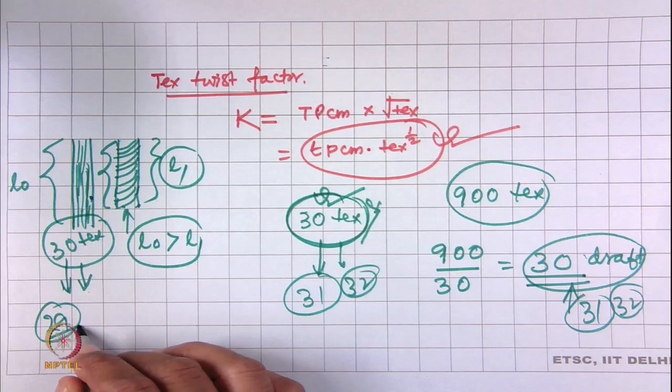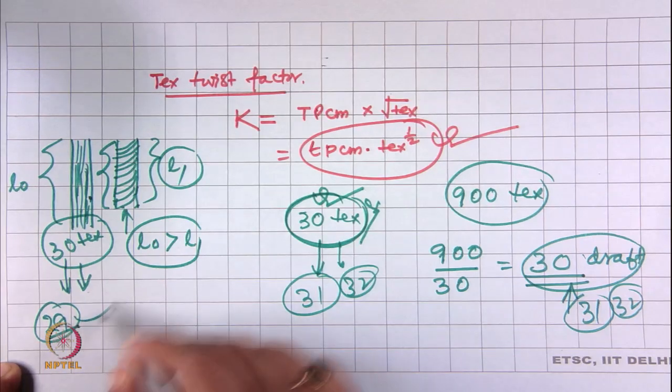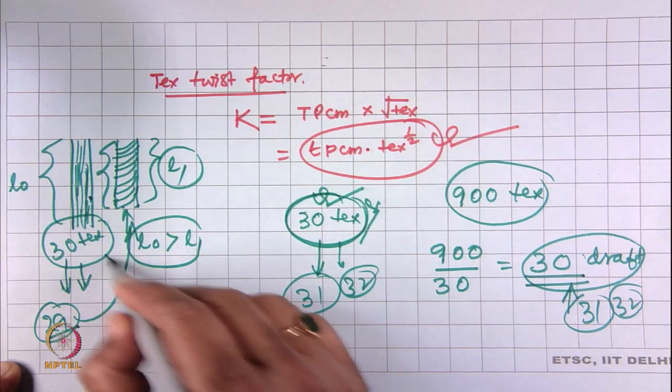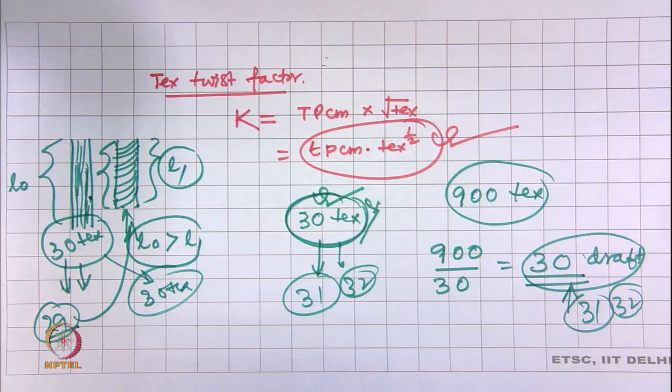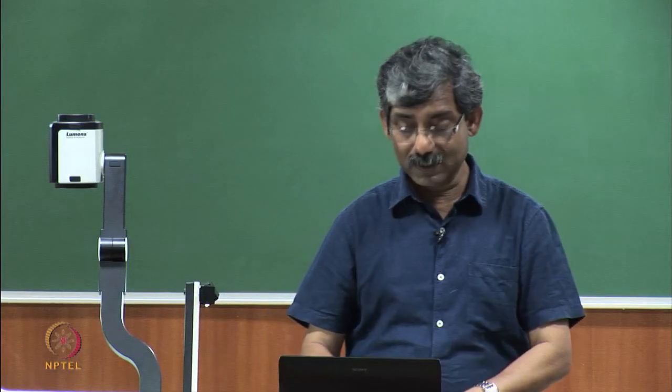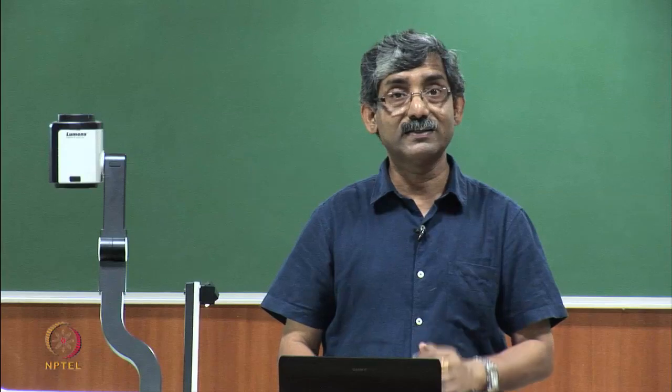So, if we get this tex, then after contraction it will come out close to 30 tex, which is our target. So, that is why the twist contraction concept is extremely important for the setting of draft.